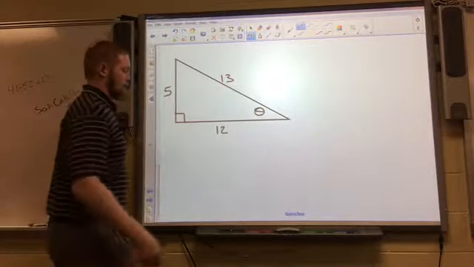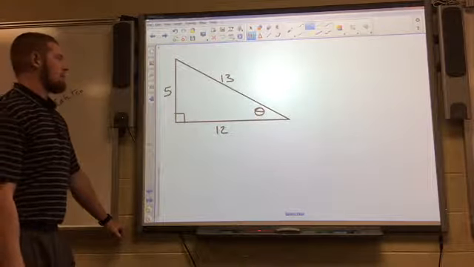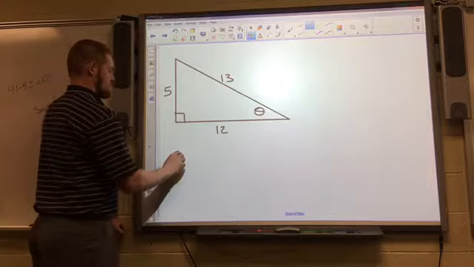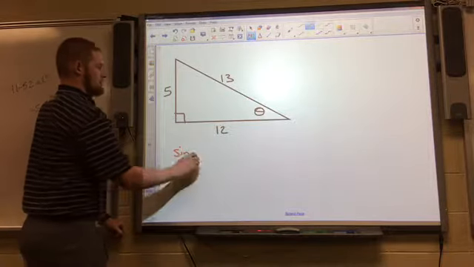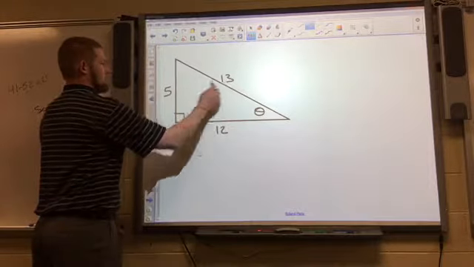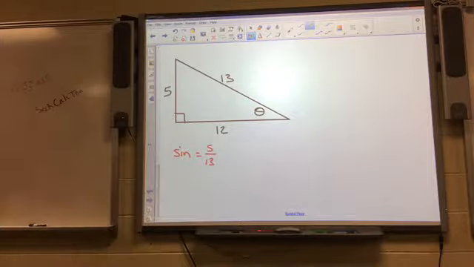So now we have to evaluate our trig functions. Let's just do our original ones first. So the sine is what? Opposite over hypotenuse, so it's 5 over 13. I'm going to check and see if they want that as a decimal. No. Okay, I'd say leave it as a fraction too.